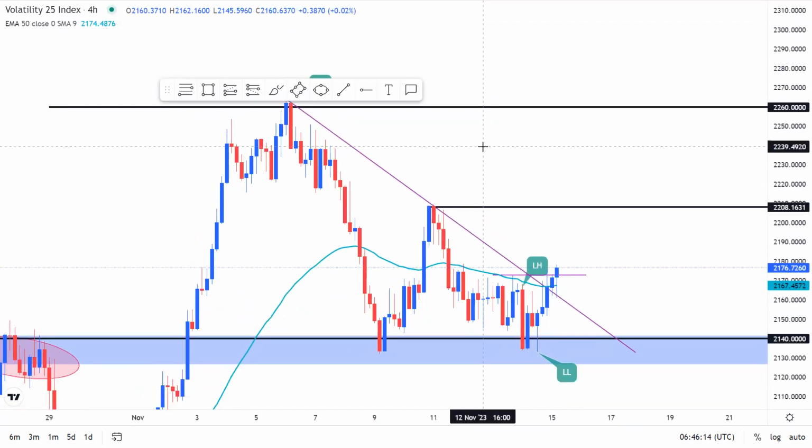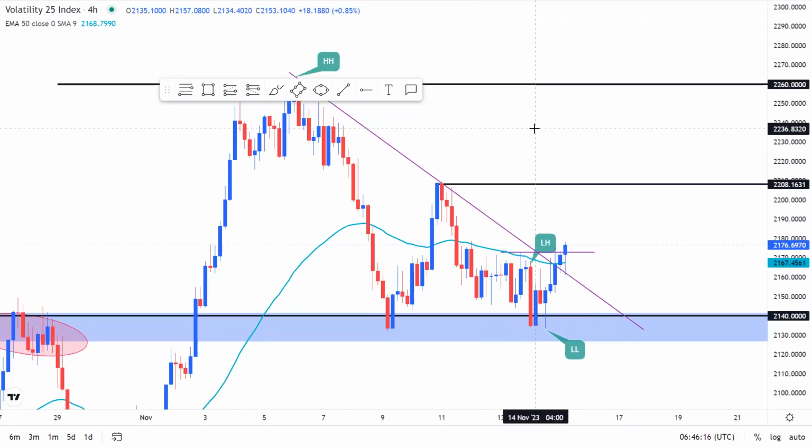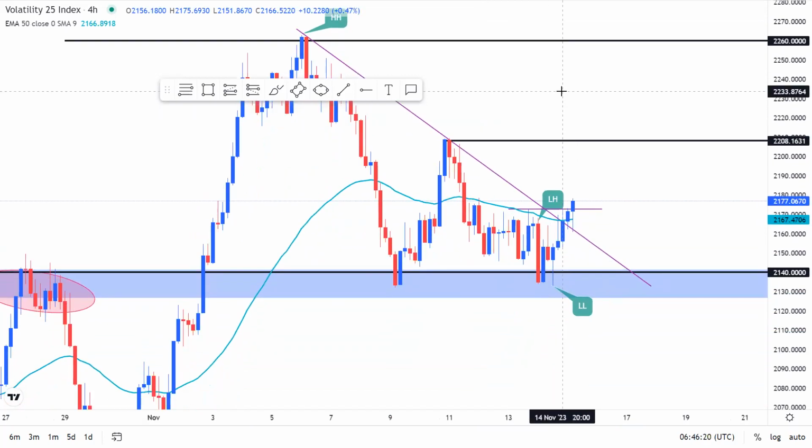So from the 4-hourly time frame perspective, we have volatility 25 index in a bullish market structure, confirming and aligning the daily and 4-hourly time frames very perfectly well also.